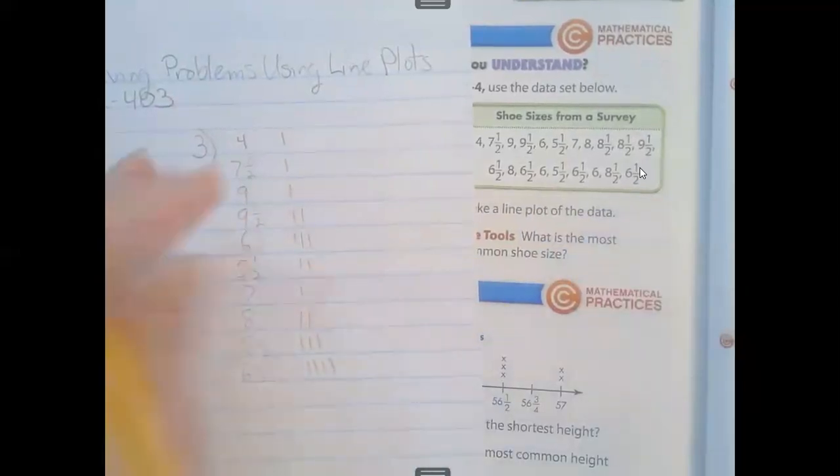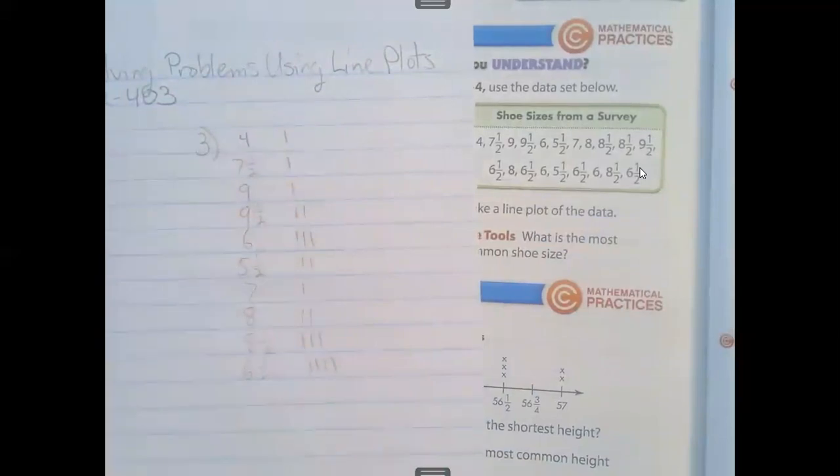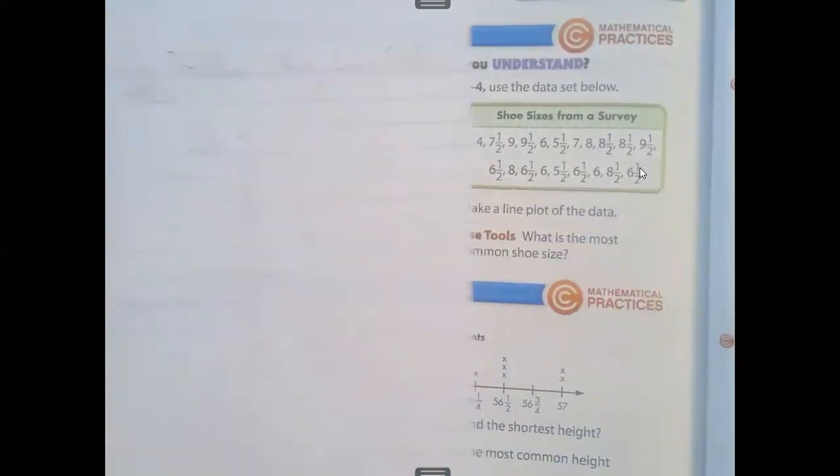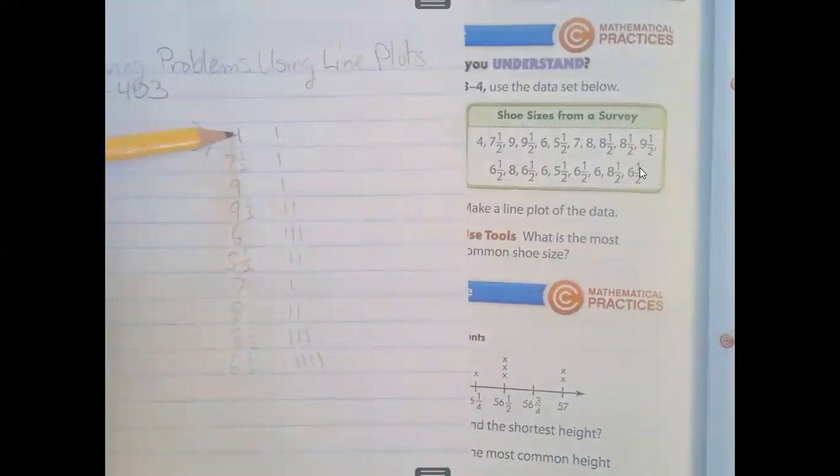So if I put these all in order and I create a line plot, what I'm going to see is I'll probably start with 4. And if you notice, I have half measurements.